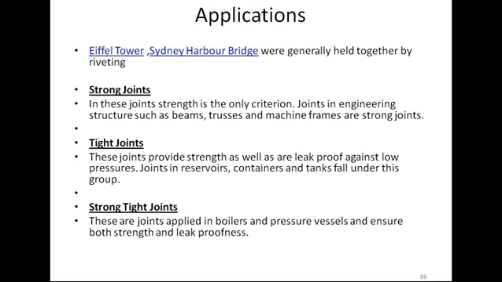Non-permanent joints are fasteners like nuts and bolts, which can be disassembled easily, and rivets fall under the permanent joint. The types of riveted joints are the lap joint and the butt joint. There are also criteria like strong joint, tight joint and strong tight joint, and on that basis we select whether to use the lap joint or butt joint.